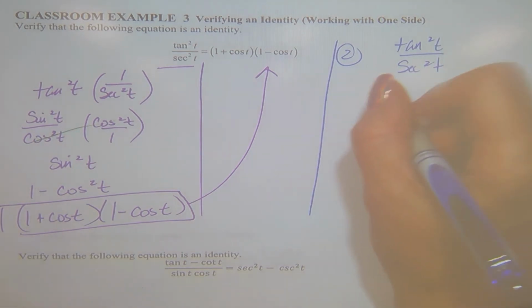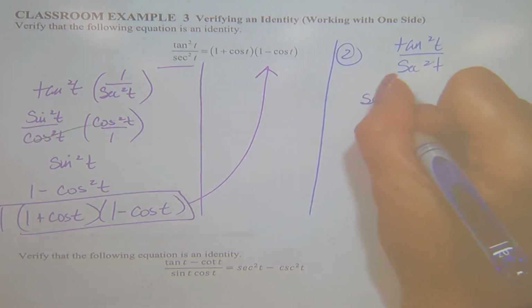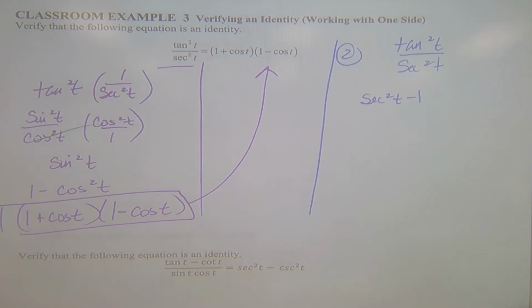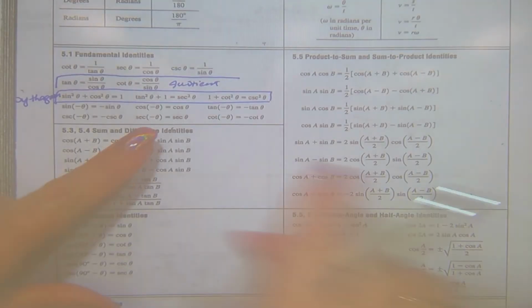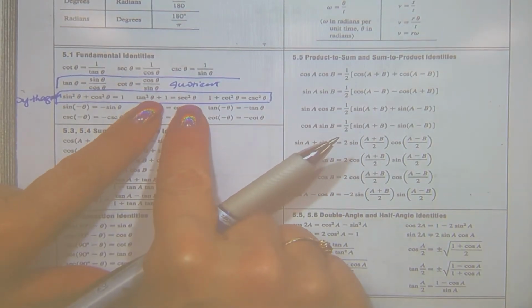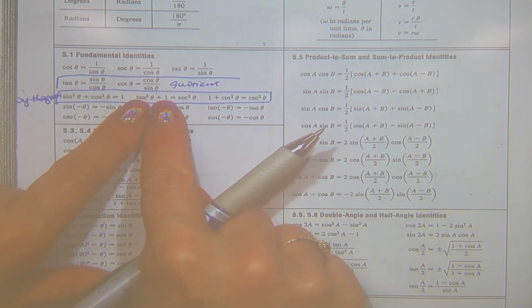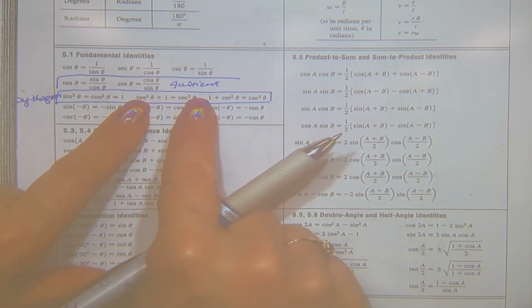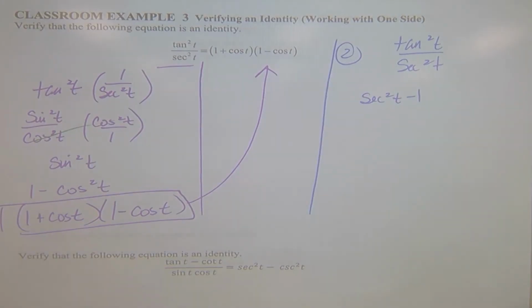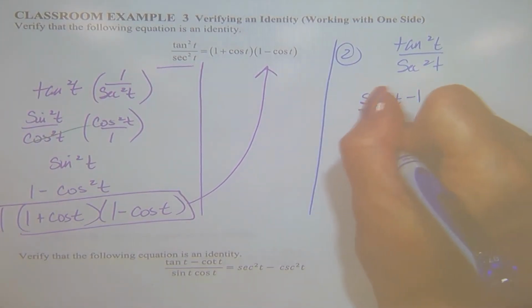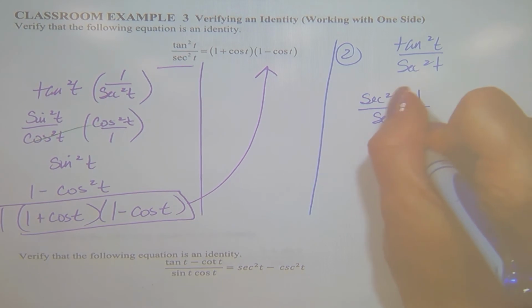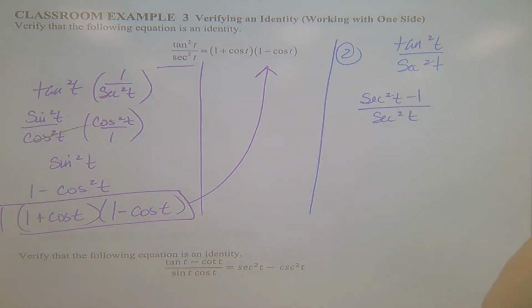Tangent square t is the same thing as secant square t minus 1. If you doubt me, pull out your identity sheet that you should have right next to you while you're working this. Tangent square t, if I'm solving for tangent square t, I subtract 1 from both sides. Okay, so secant square t minus 1 is my numerator over secant square t.